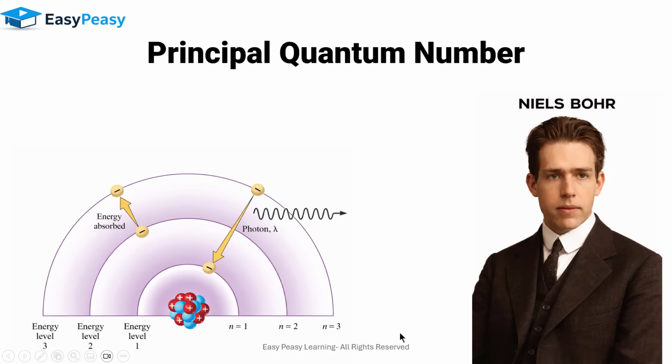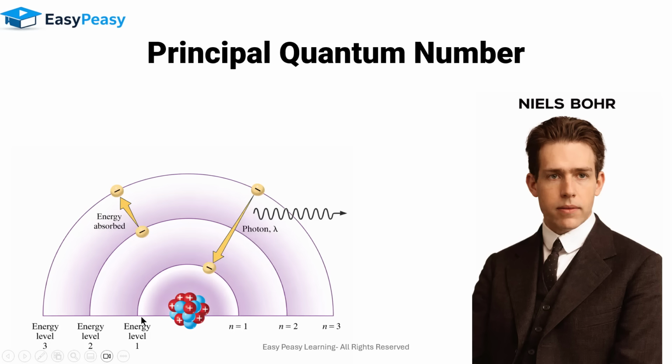Niels Bohr also introduced the concept of the principal quantum number. He said that atoms have different energy levels. As you can see, this is the first shell, with energy level 1. This is the second shell, with energy level 2. And this is the third shell, of energy level 3.